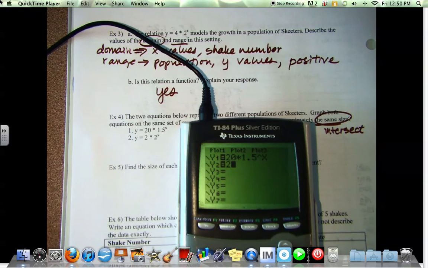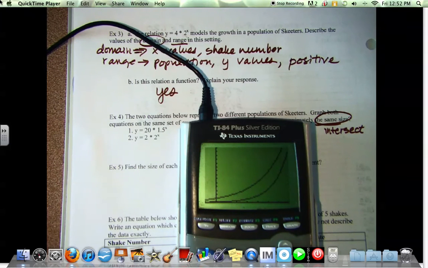And we have 2 times 2 caret x. Hit the graph key. And we want to see where these graphs cross. Here's the first one and the second one.